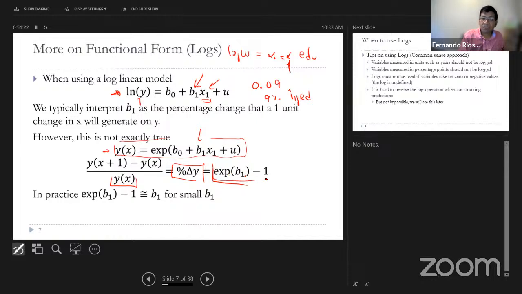It just happens that when this beta 1 is very small, this expression is approximately equal to the coefficient itself.